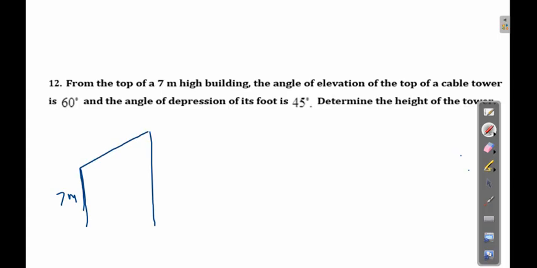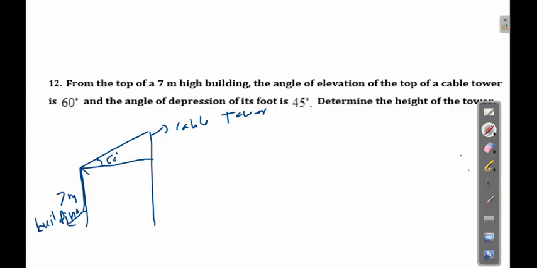So the angle of elevation from here is 60 degree, right? This is 60 degree. This is the cable tower. And this is a building, right?